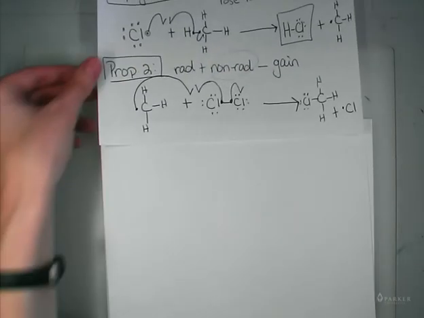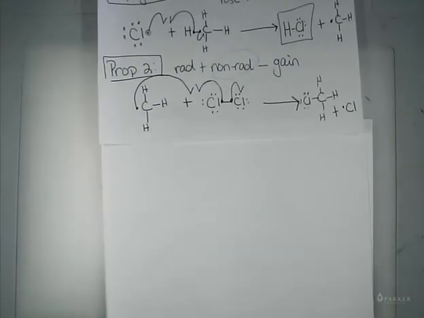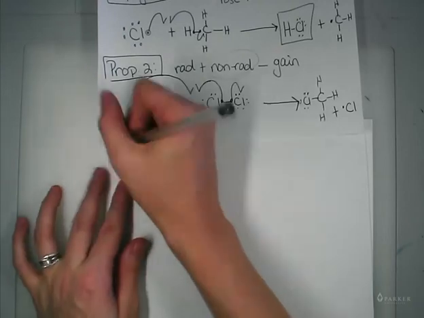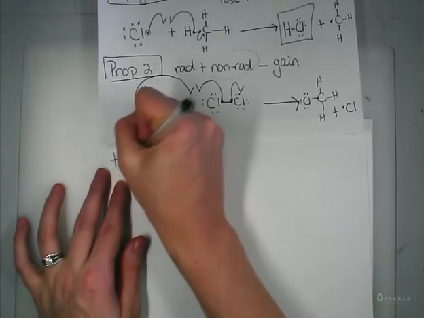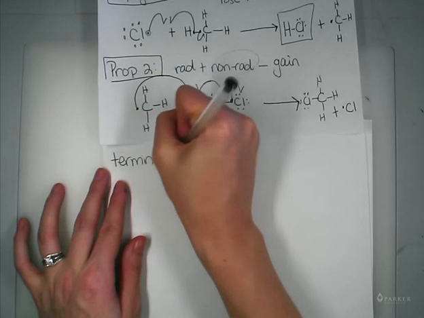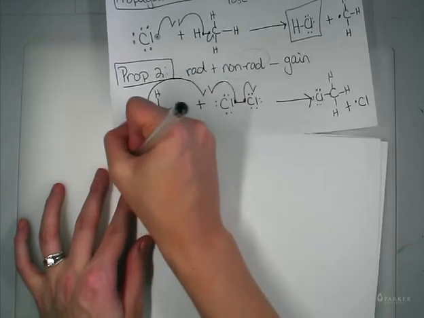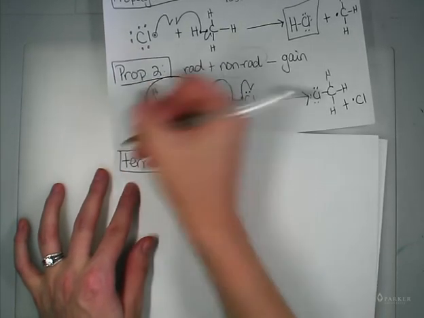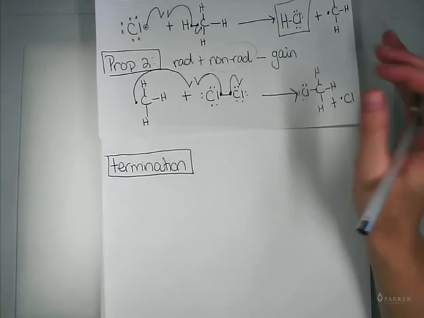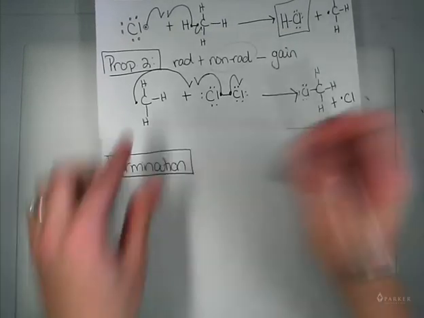Now comes your question. So then the other possibility that could happen is a termination. This is the only way you can stop a radical reaction. So let's look at this.